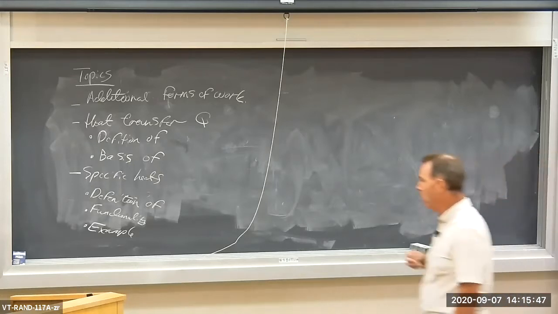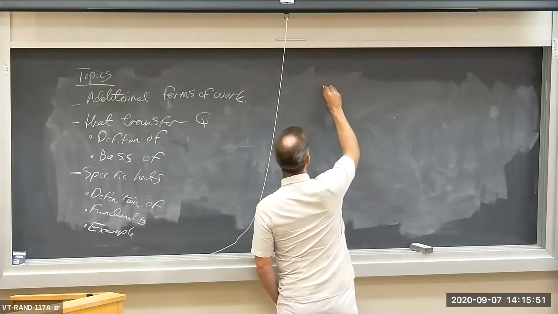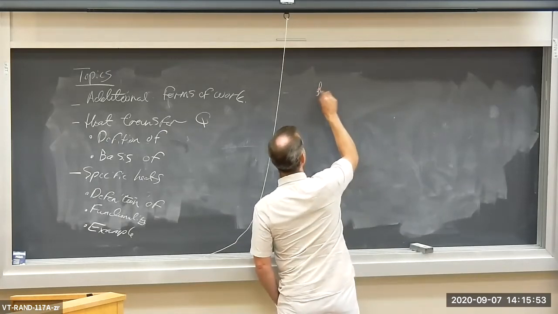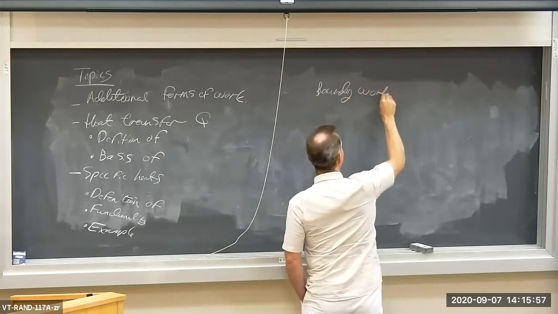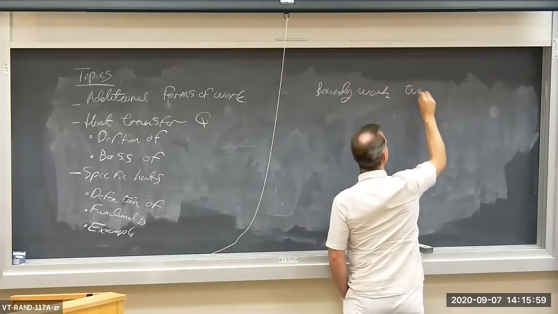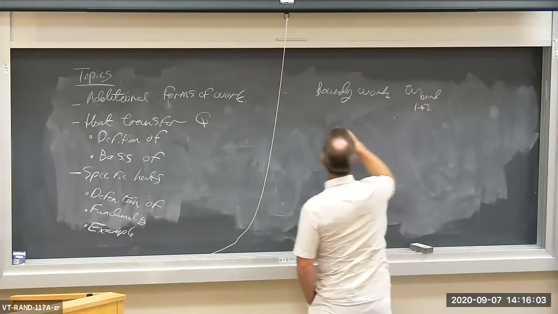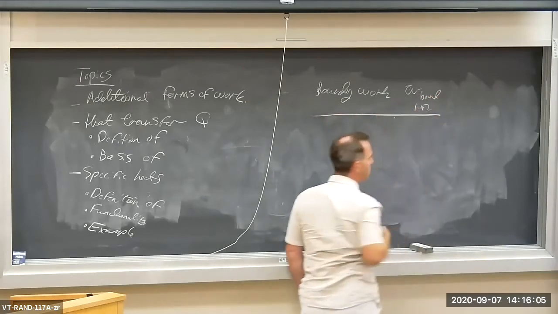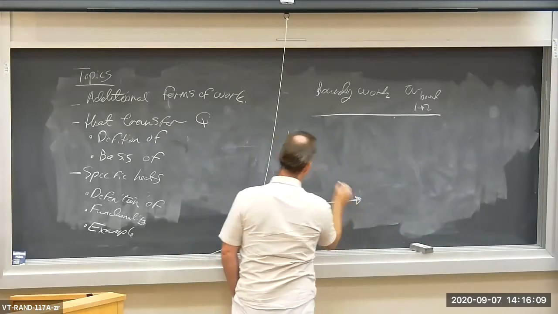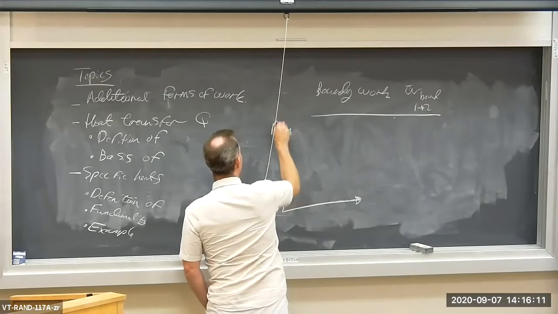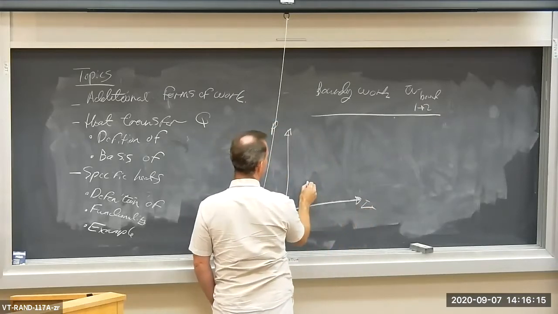All right? So let's review a little bit from last time. So we have boundary work, and this is from, let's say, state 1 to state 2. So we have a system which moves, and I have a PV diagram, a pressure and volume diagram for the system.